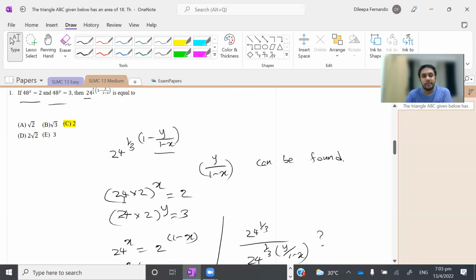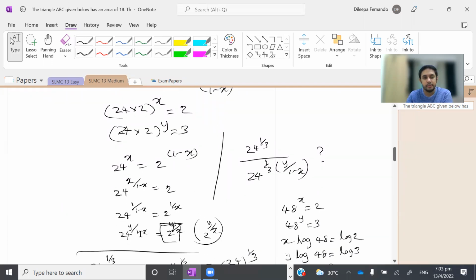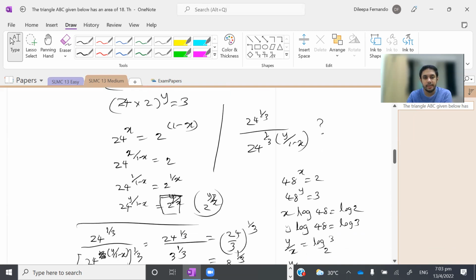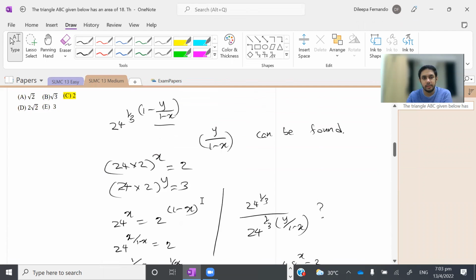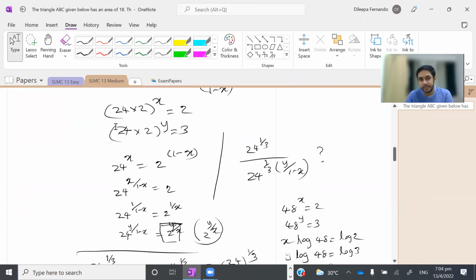Since the 24 is there, we simplified or rearranged the equations to include 24 there, and then we were rearranging the terms to come up with the 1 minus x part, and then we somehow created 24 to the power y over 1 minus x, and then we came up with 2 to the power y over x, and we wanted to make it a constant, then we use this 2 again, because the first result just follows from the first equation.